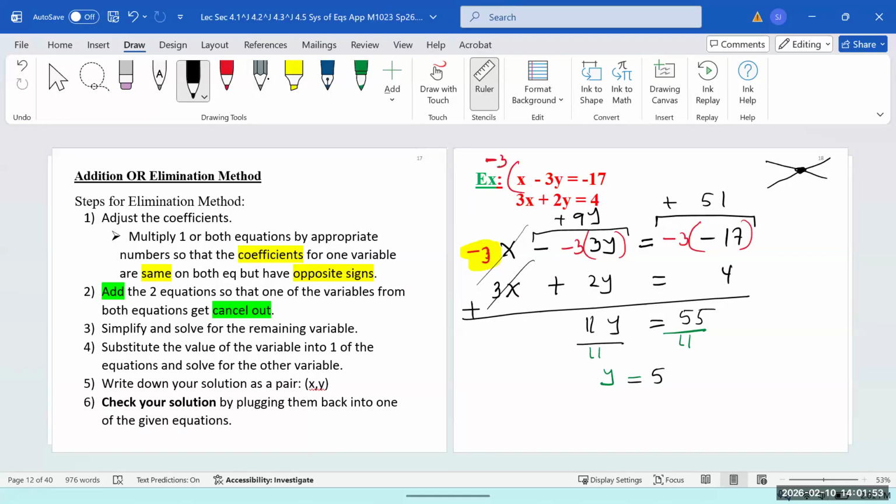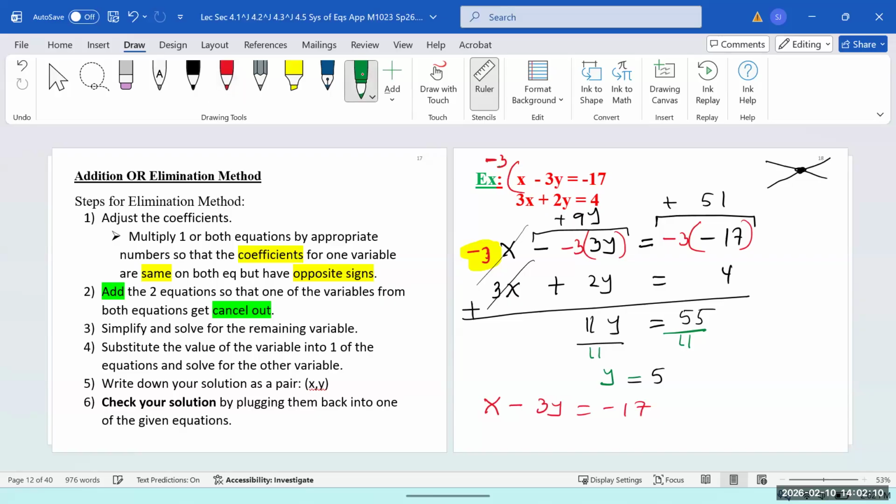We plug y into one of these equations. Which equation is easier? The first one, because our x is already alone. So x minus 3y equals -17.